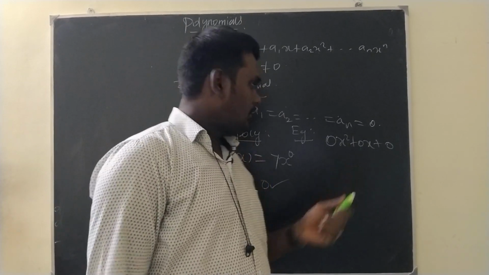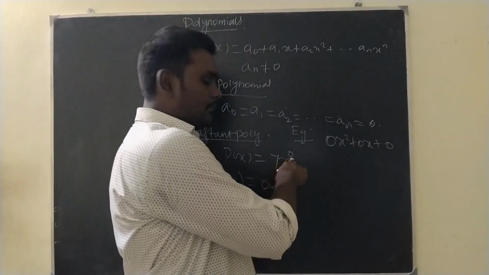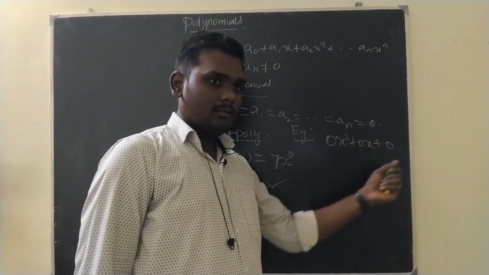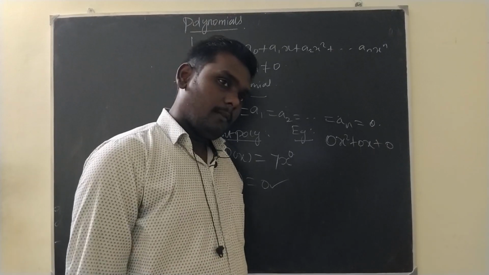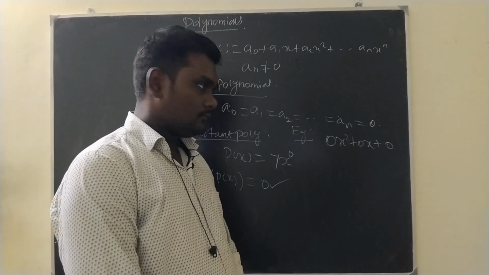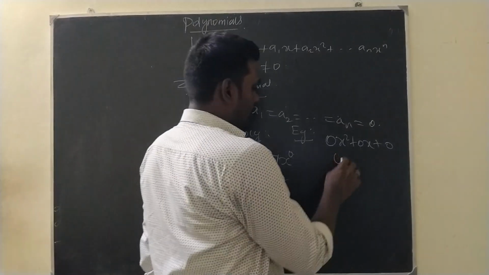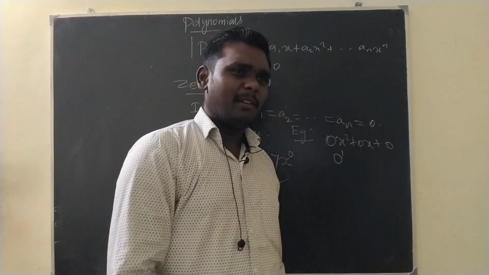Okay. Then you are saying 0 as the degree, which means something power 0 is 1 only, right? You say 0 power 1. Okay. Then 1 will be the degree, right? Degree means what? Highest power.